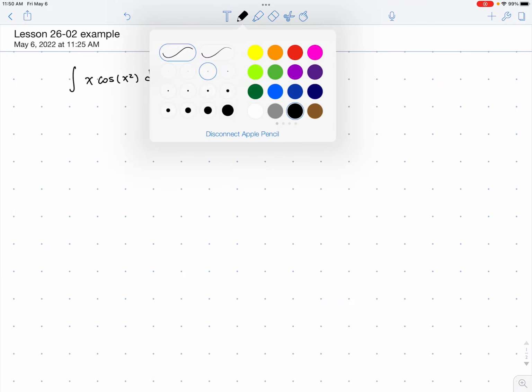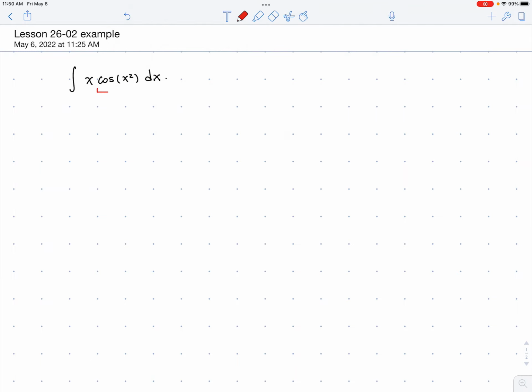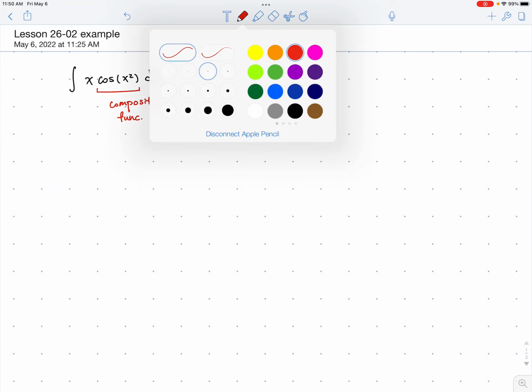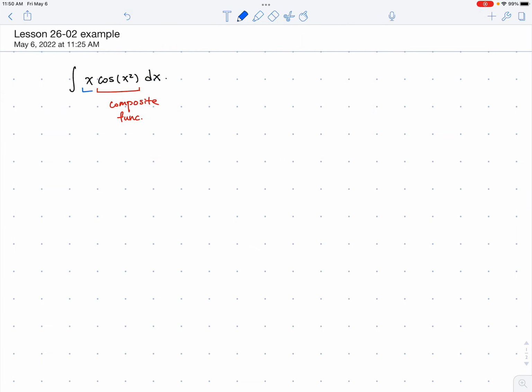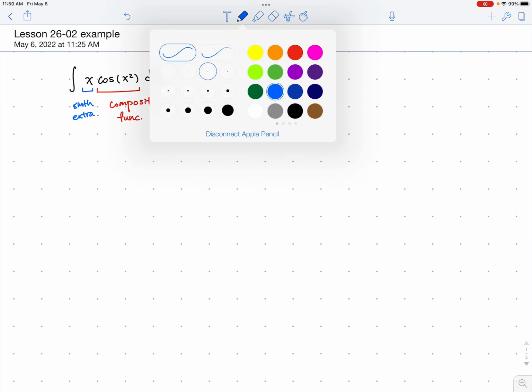Here I'm going to notice that this is a composite function, and then we have something extra.